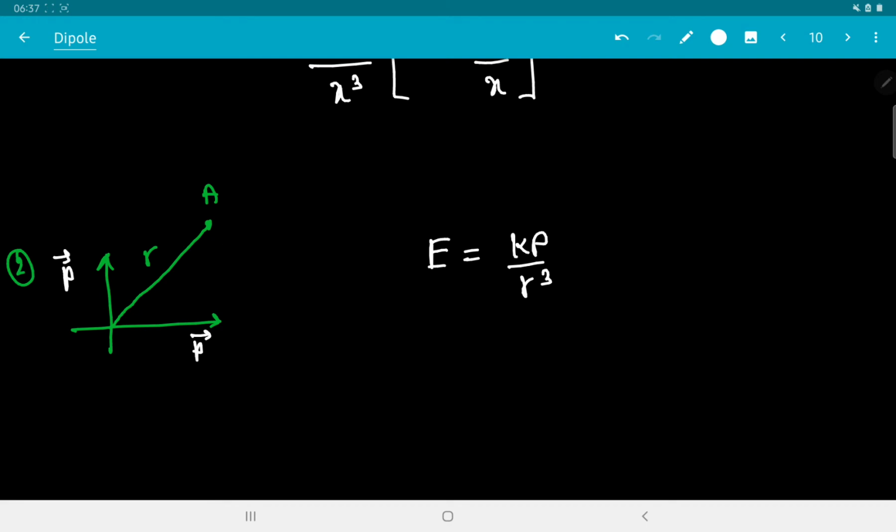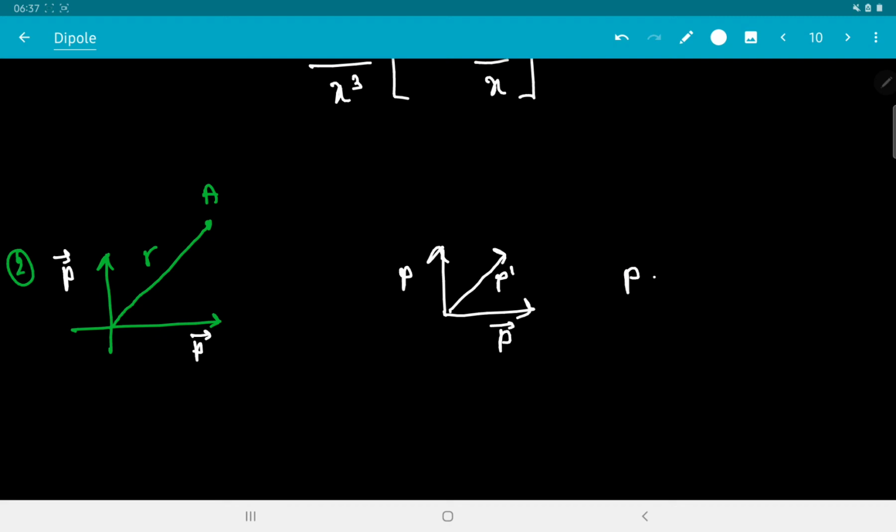Or what we can do is find the resultant of these two dipoles. One dipole is here, another dipole is here. The resultant will be in this direction. This is the resultant dipole.